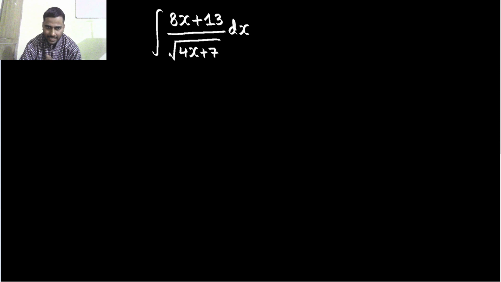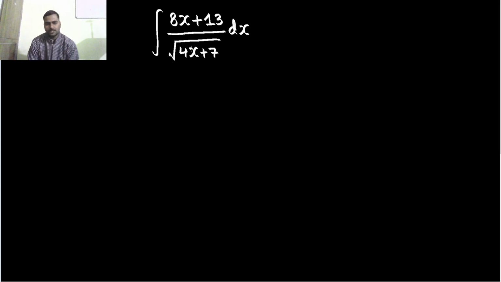Either it is linear under root linear or linear divided by under root linear. You have to make the other linear, which is not inside the root, similar to the one which is inside the root. That means you have to make 8x plus 13 similar to 4x plus 7 so that we can take them together and integrate. Let's see how we can do.